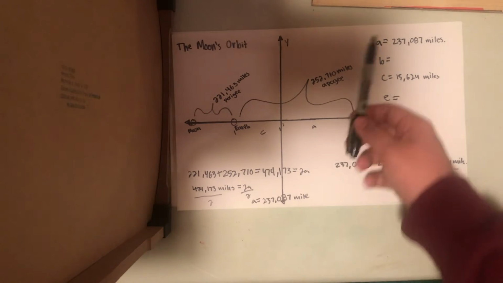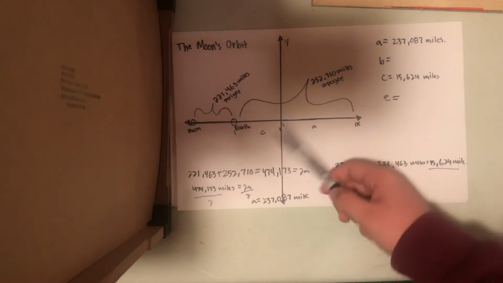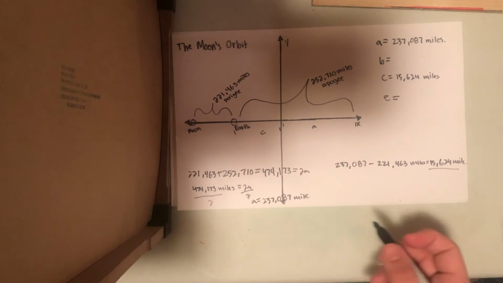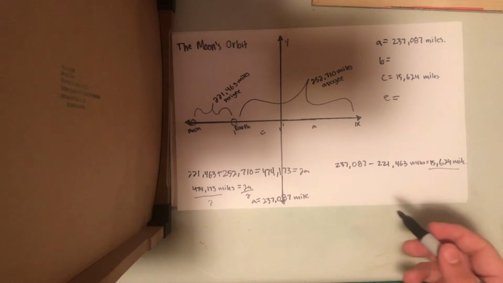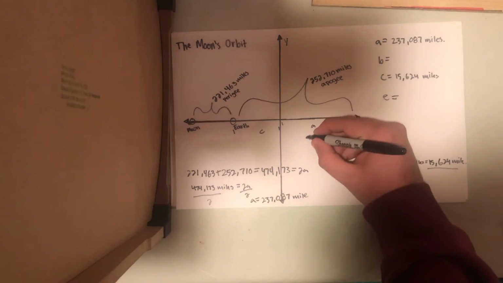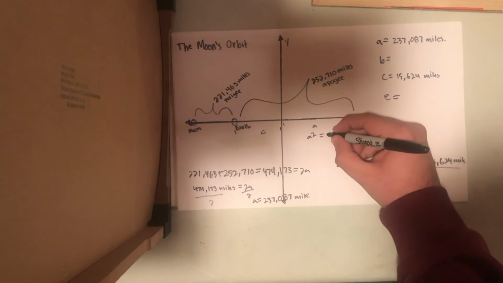After being able to find A and C, you could find the value of B. You use the Pythagorean relation A squared equals B squared plus C squared, since it is an ellipse.